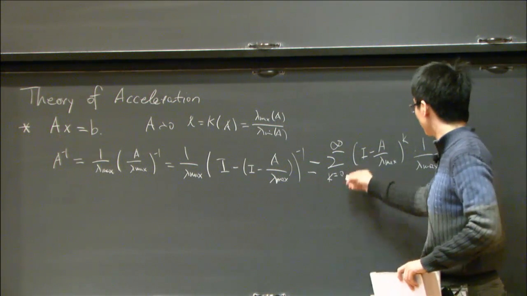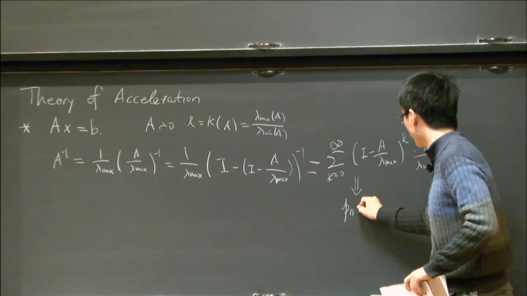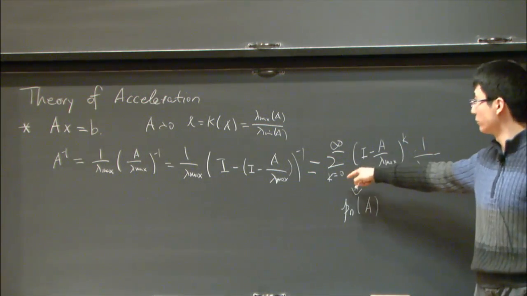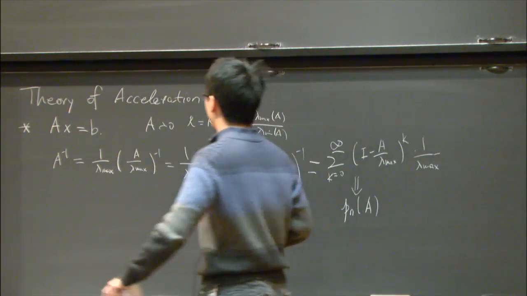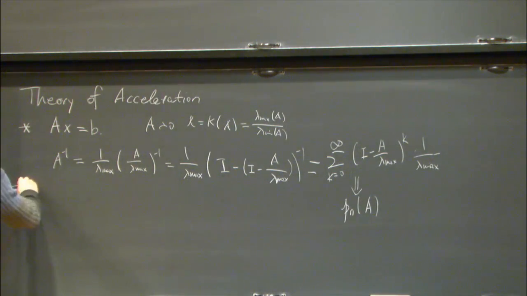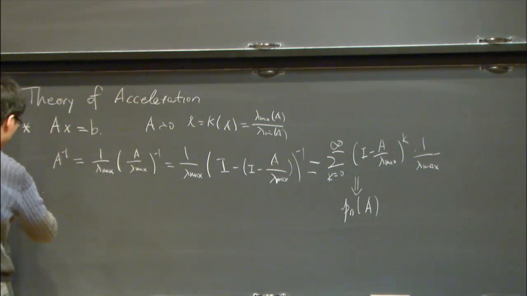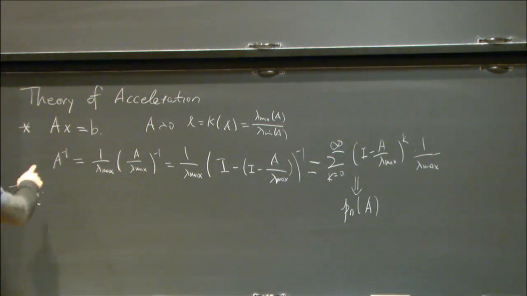And suppose that we truncate this series to degree n and call it Pn, meaning that I just do the summation from 0 to n. Then the following famous theorem tells us how well it approximates A inverse.